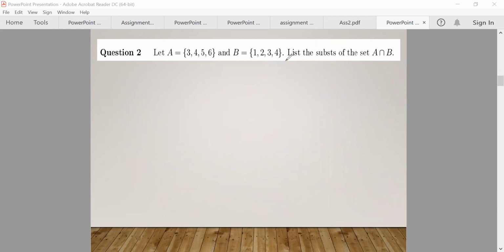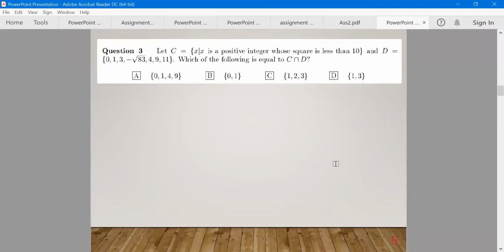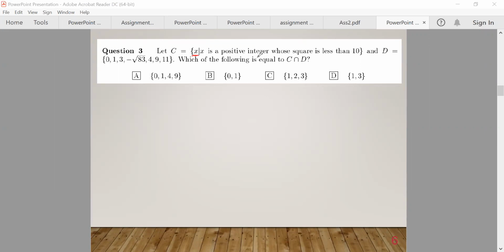Let's move to another question. Let's see the set of elements x such that x is a positive integer whose square is less than 10. The condition is x squared less than 10, and it must be a positive integer.